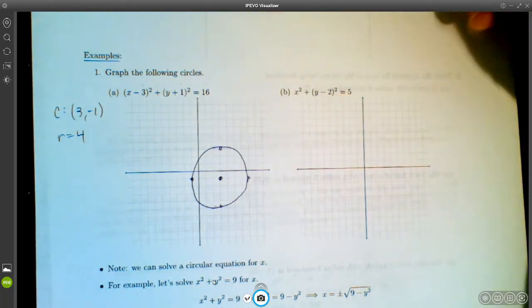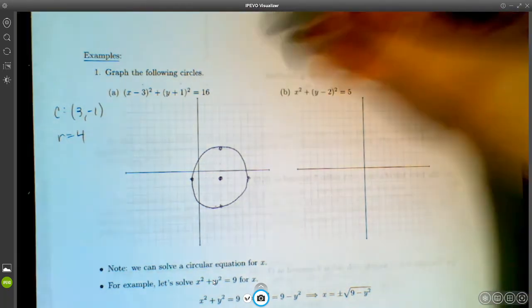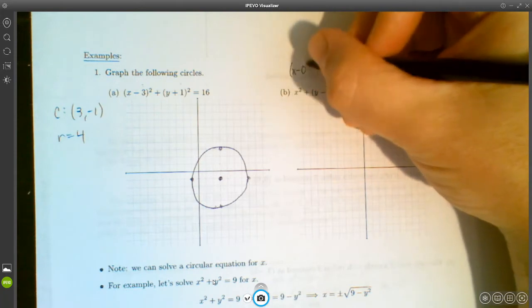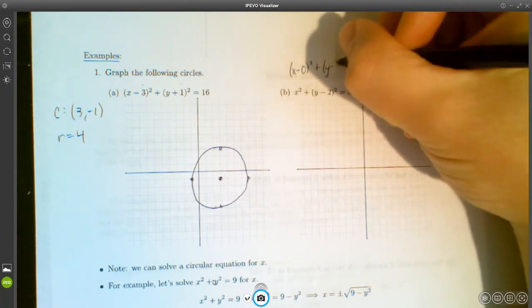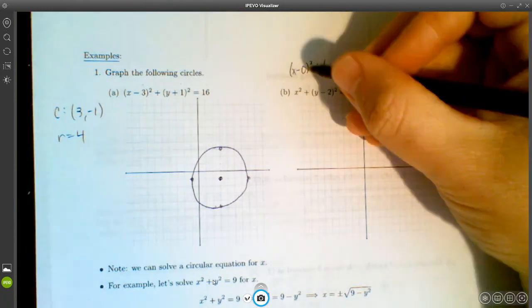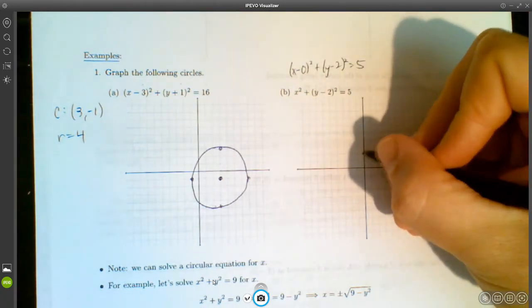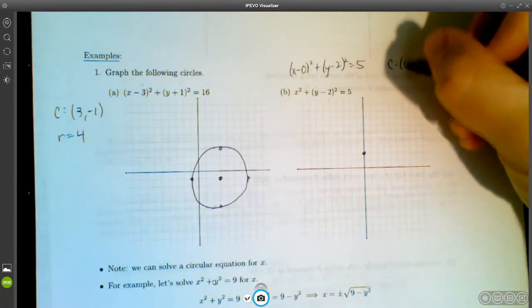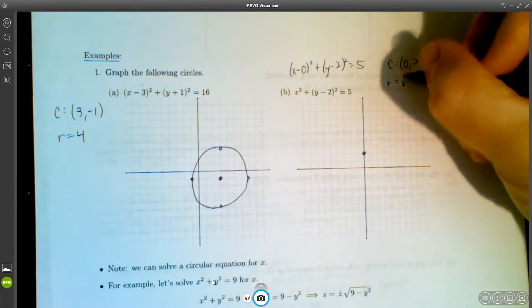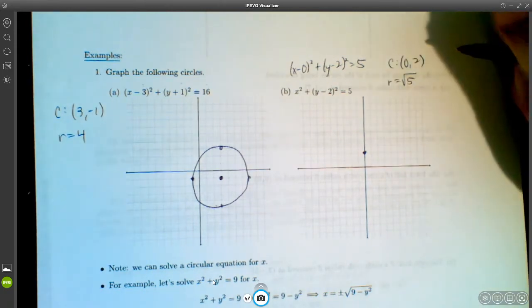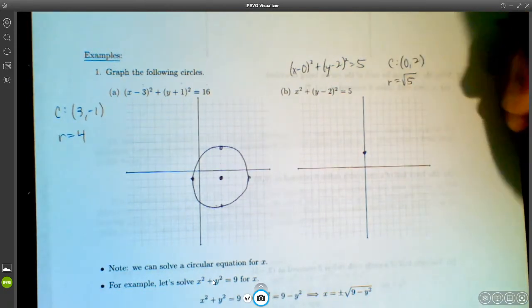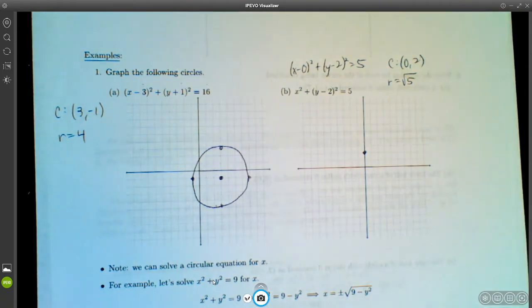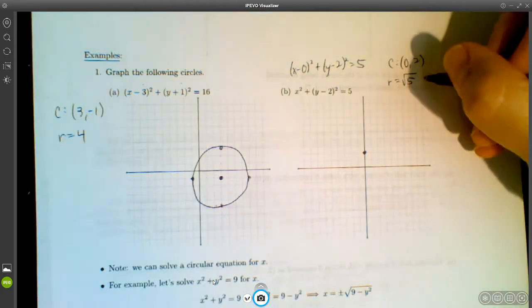On part B, the center would be, now this is a little tricky, but x squared is the same thing as saying x minus 0 squared. So the center is (0, 2), and the radius is the square root of 5. Square root of 5 is a little bit more than 2. It's 2.24, so we'll say it's about 2.2.